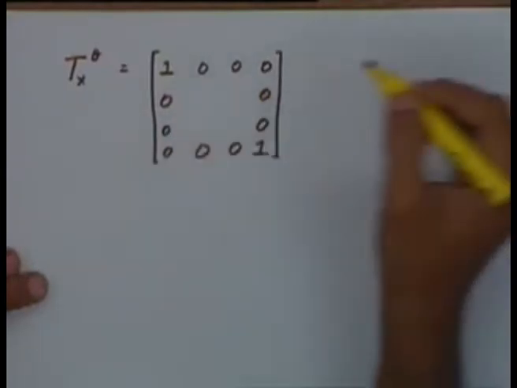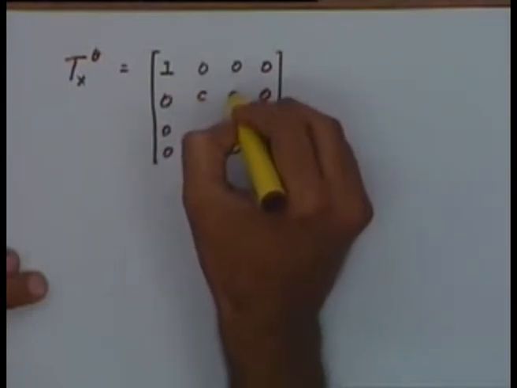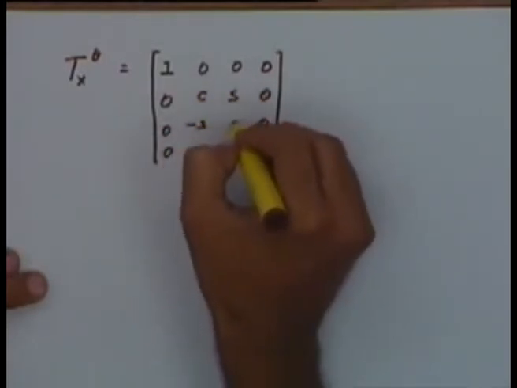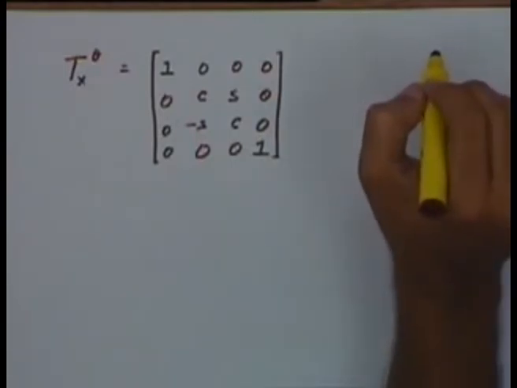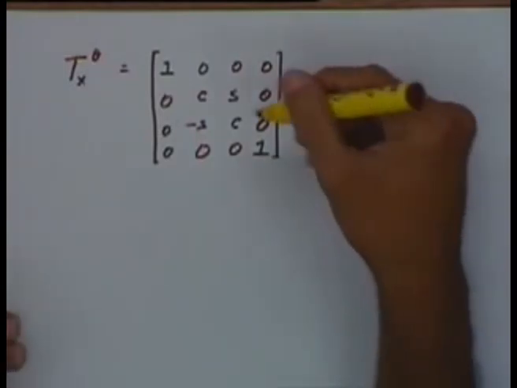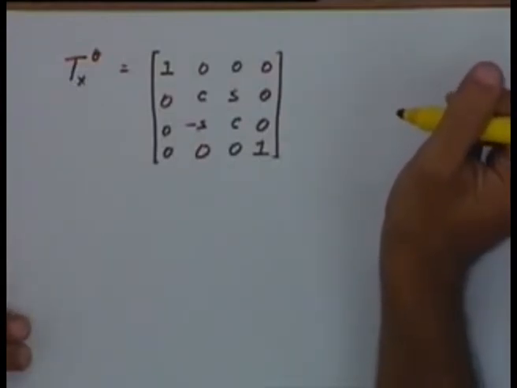These four values we have to fill up. What will they be? Cos, sine, minus sine, cos. Is that okay? I have directly written the result, but it should be quite clear as to how we got this.